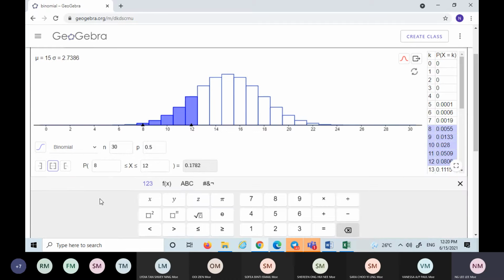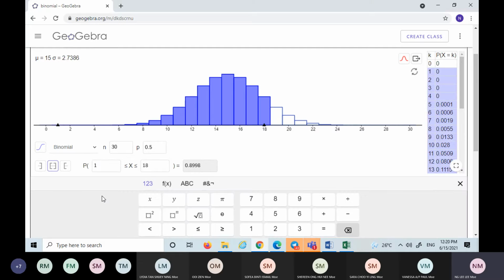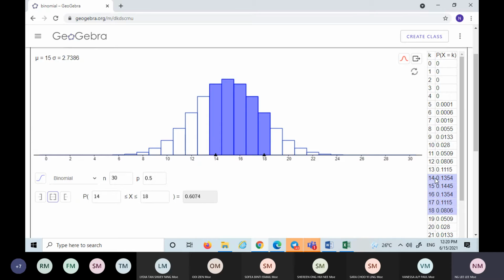If you want to change the range, you can. Let's say you want to change to 14 and then to 18. Then they will give you the probability, meaning they add up the probability from 14 to 18.